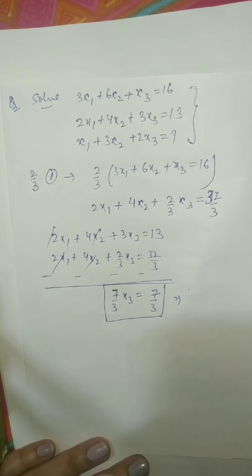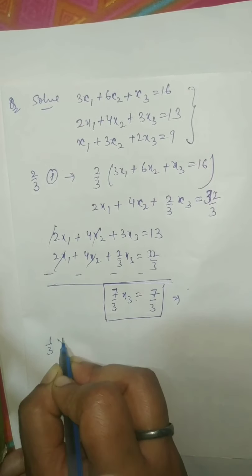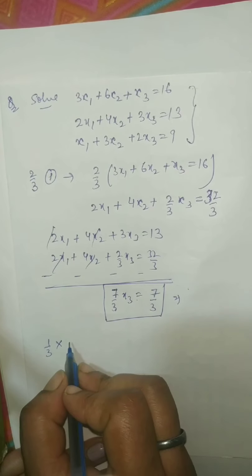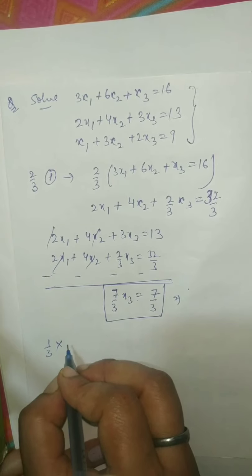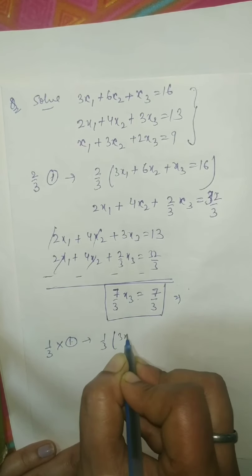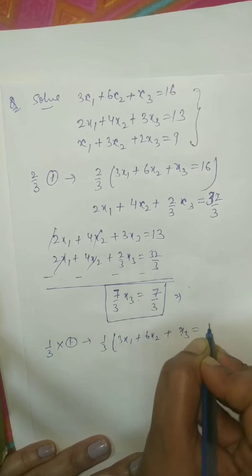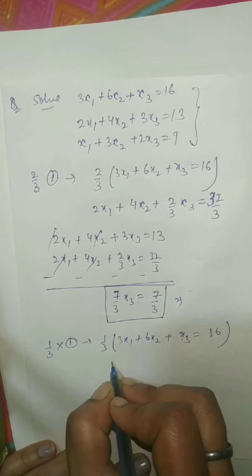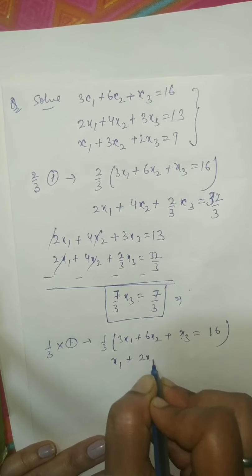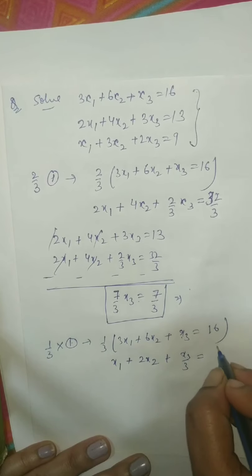Now we multiply equation 1 by 1 by 3 for getting the third equation. We get 1 by 3 of 3x1, 6x2, x3 is equals to 16, which gives x1 plus 2x2 plus x3 by 3 is equals to 16 by 3.